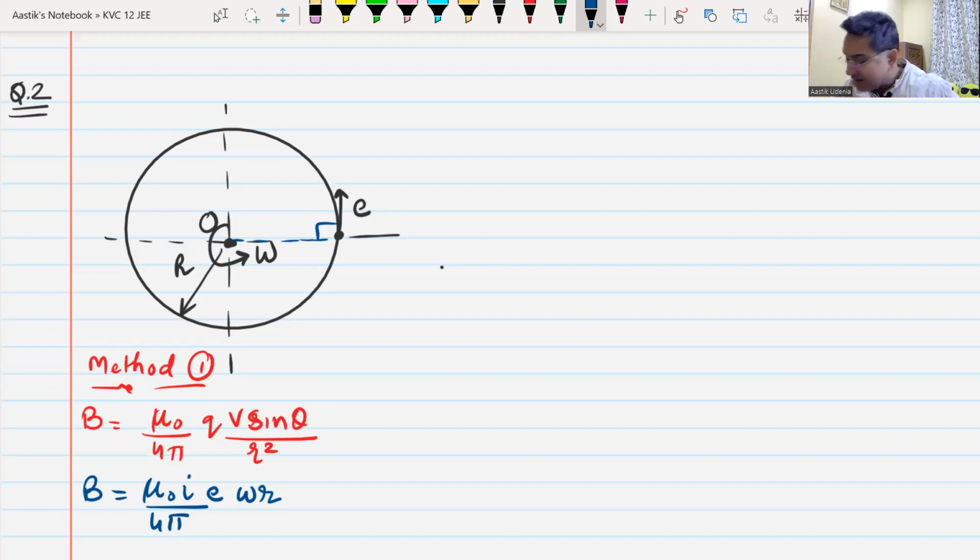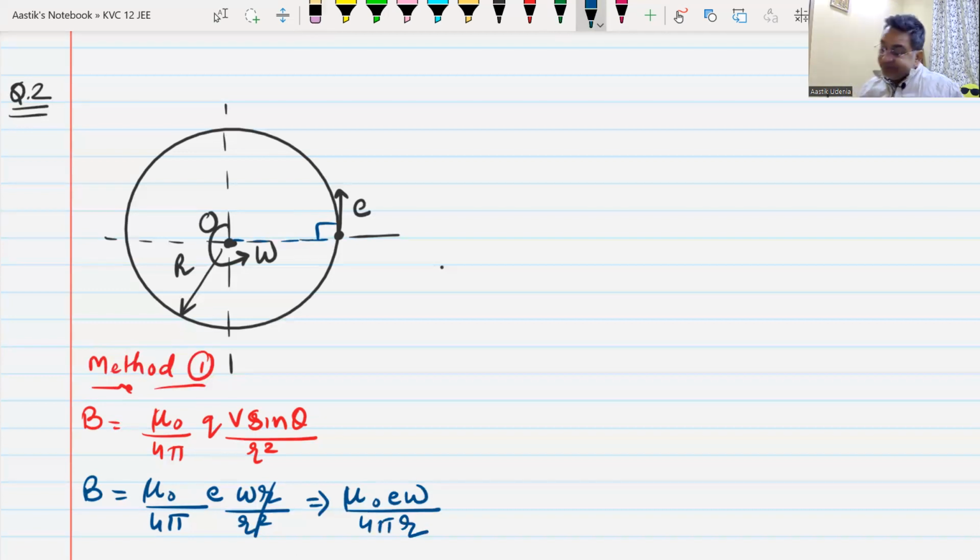That is 90. Sine 90 is 1. Divided by r square. Ding, ding, ding. And we get this answer. It will be mu naught into E into omega by 4 pi r. That is the answer, my dear friends.